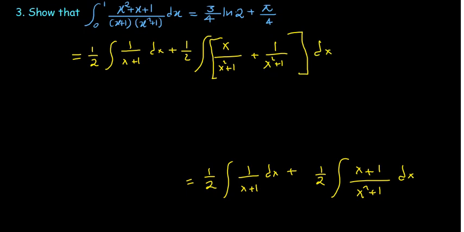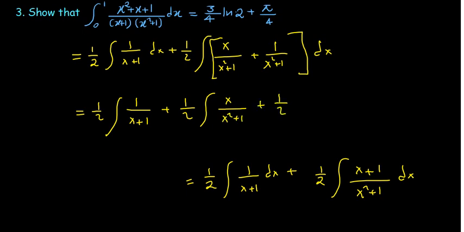And so this is going to give us 1 over 2, the integral of 1 over x plus 1, and then plus. Now I'm going to also distribute the integral to both, so this is 1 over 2 the integral of x divided by x squared plus 1, plus also 1 over 2 the integral of 1 divided by x squared plus 1.